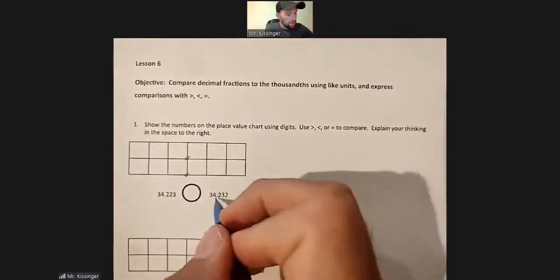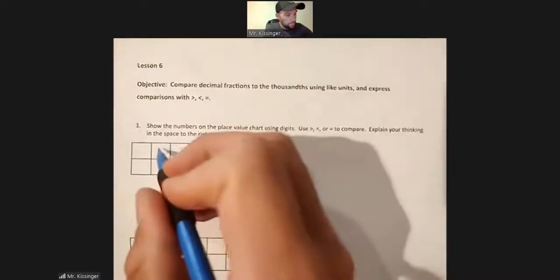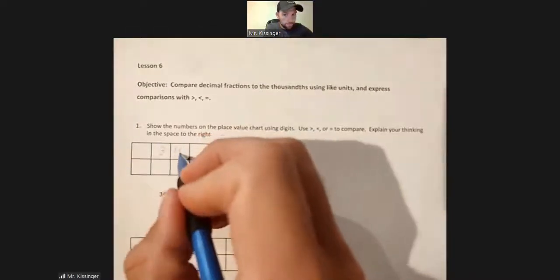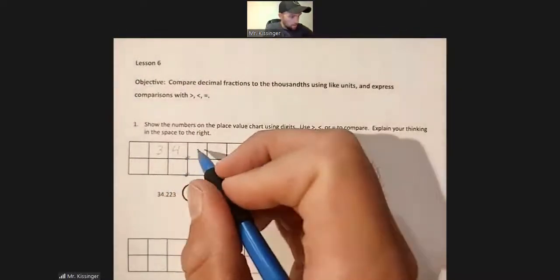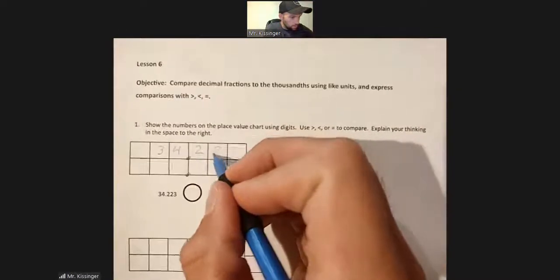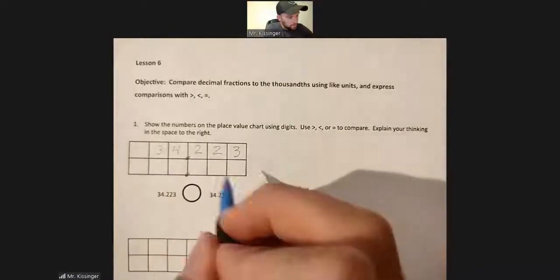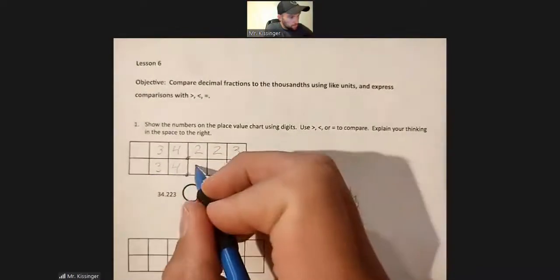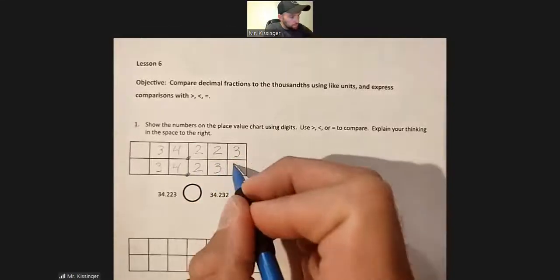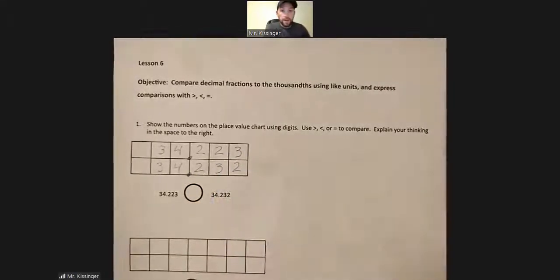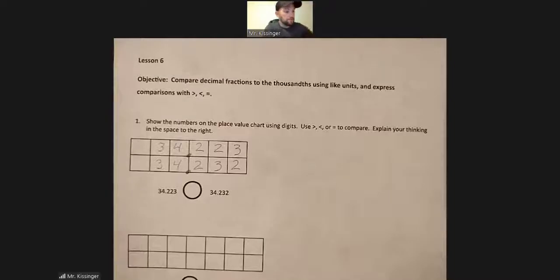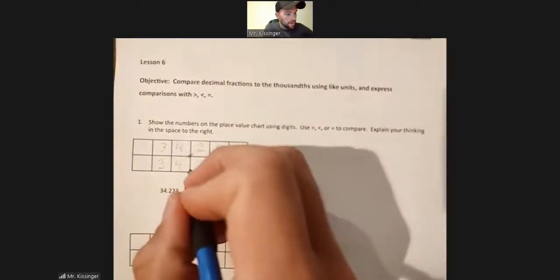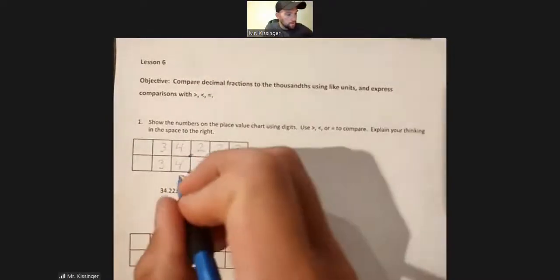We know that our decimal point is right here, so we have 34 and 223 thousandths. We have 34 and 232 thousandths.